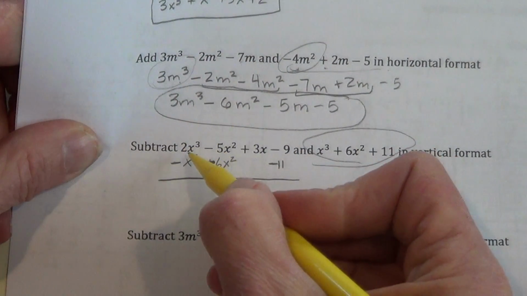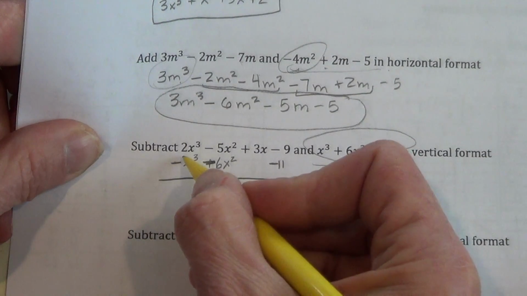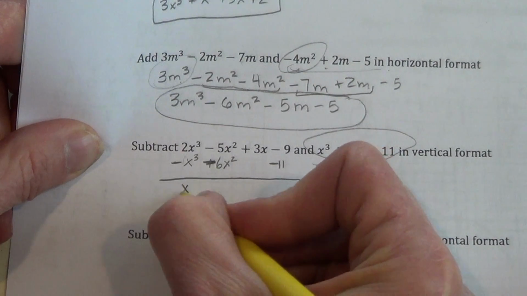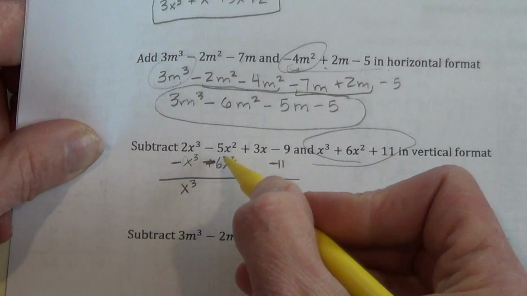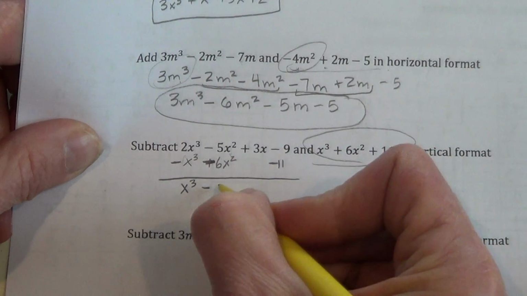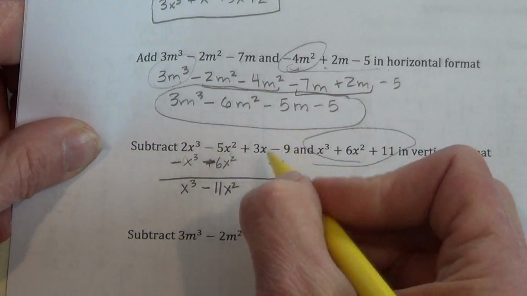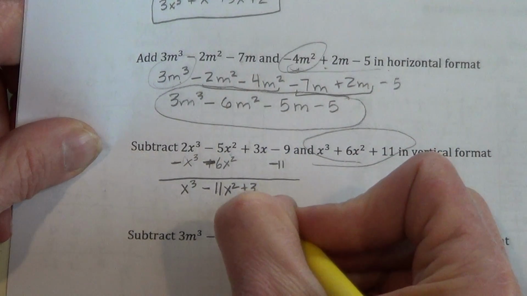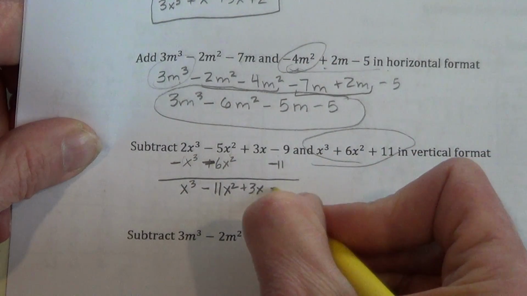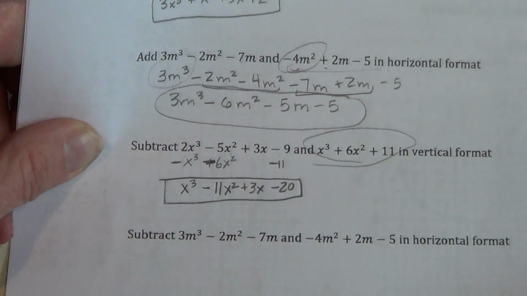So now we have 2x cubed minus, or plus, a negative x cubed would be 1x cubed. A negative 5 and a negative 6 makes negative 11x squared. The 3x doesn't have anything with it. Negative 9 and negative 11 is negative 20.